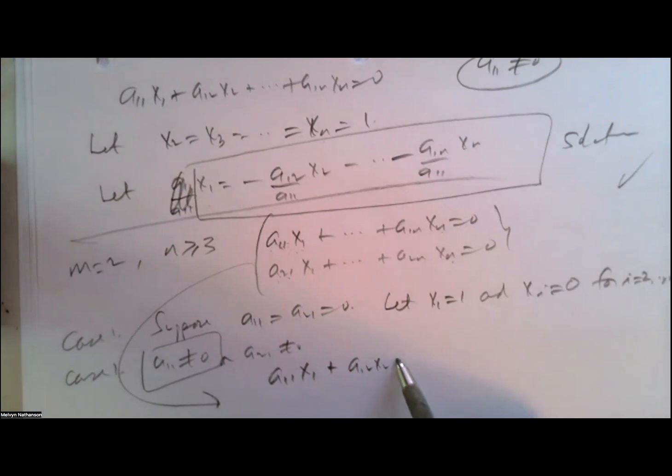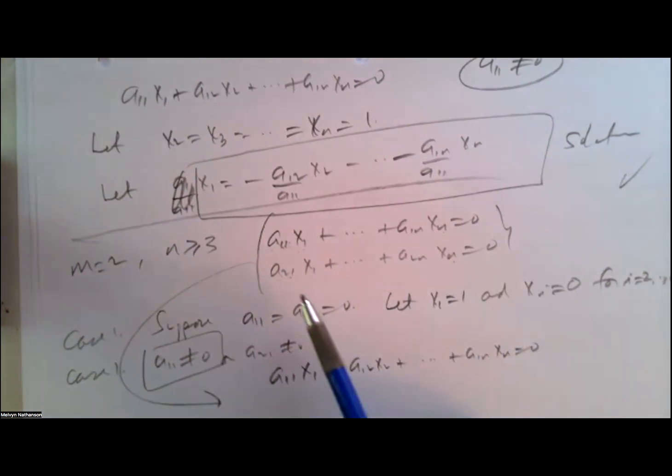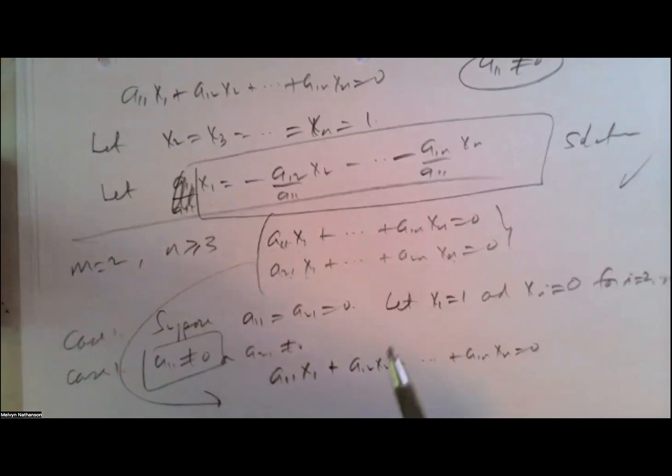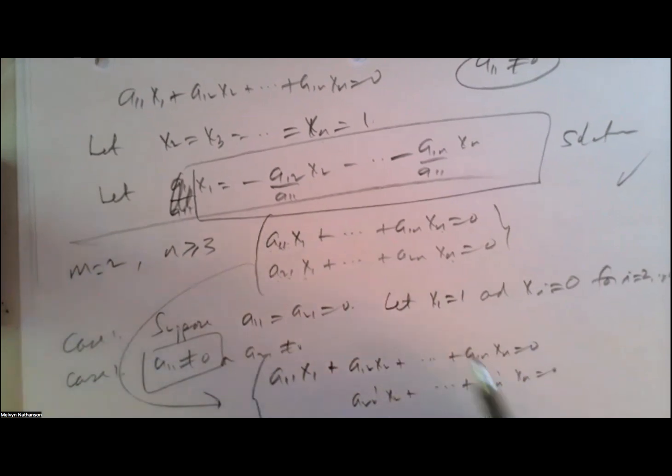A11 x1 plus A12 x2 up to A1n xn is 0. And if I subtract the suitable multiple of the first equation from the second, I eliminate x1, and the second equation starts with the variable x2: A22 prime x2 up to A2n prime xn equals 0.